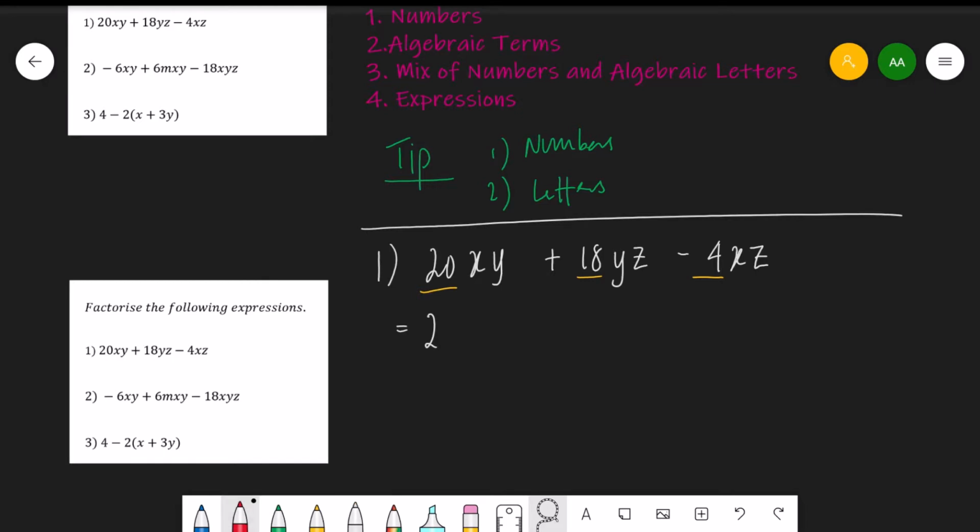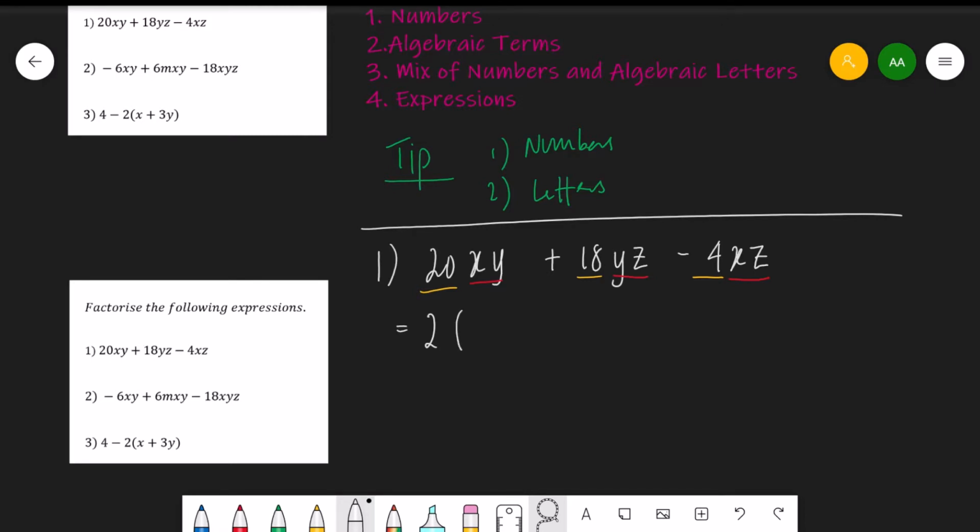What about the letters? We have xy, yz, and xz. It also seems like x is a common factor, but we do not have x in 18yz. Y is common for only the first two, and Z is common only for the last two. So there are no common letters for this expression. That means only 2 is the common factor.